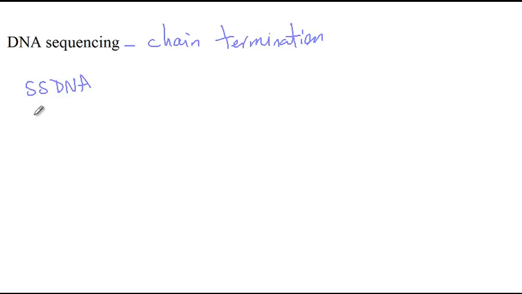We're just going to discuss the traditional technique, which is the chain termination method, and I'm going to go over that in a second. But basically, in order for this reaction to happen, we will need a single stranded DNA molecule. We need a short primer to start with, and this short primer will be complementary to our single stranded DNA.